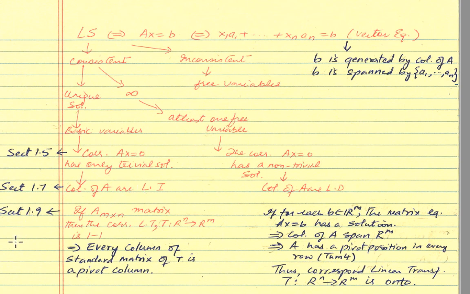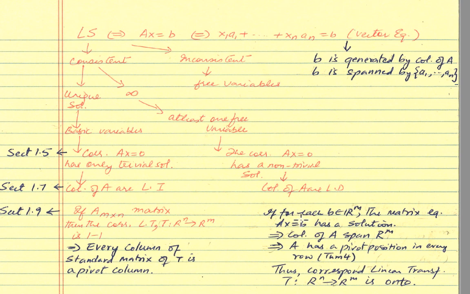And section 1.9 says if A is an m by n matrix, then the corresponding linear transformation is 1-to-1, which means every column of the standard matrix of this linear transformation is a pivot column. Now, let's go on the other side. If the linear system has infinite solutions, it definitely has at least one free variable, which means the corresponding homogeneous equation has a non-trivial solution. That means columns of the matrix A are linearly dependent.